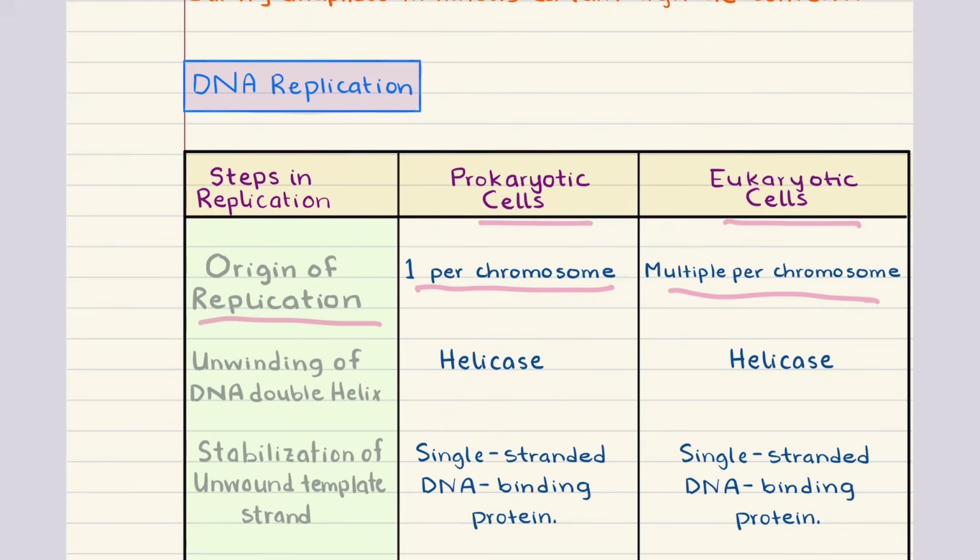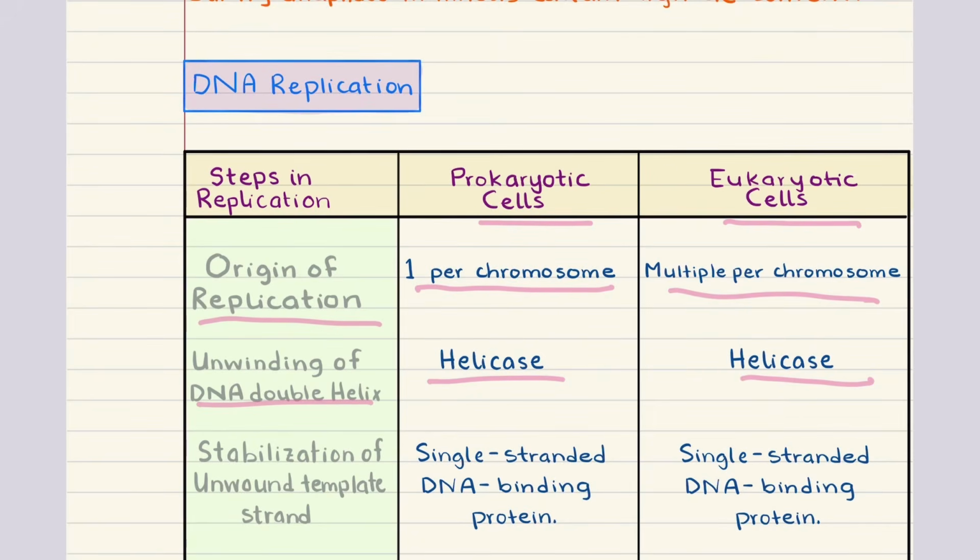Once replication begins, the DNA double helix is going to have to be unwound. And this job is carried out by an enzyme called helicase. Helicase breaks the hydrogen bonds between complementary bases, and it's going to separate the two strands of DNA and create what we call a replication fork on either side of the origin.